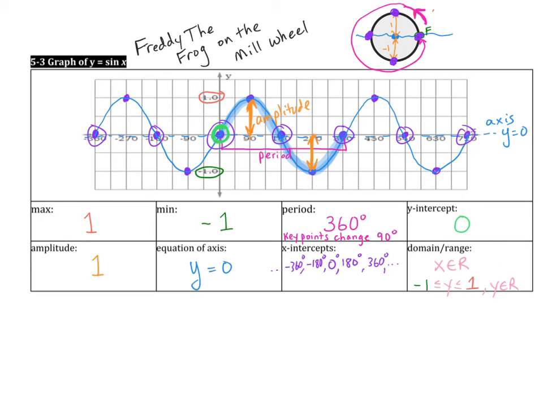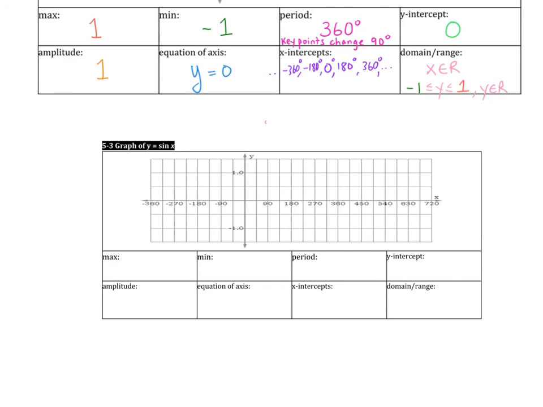So again, if you want to quickly draw the graph within that sort of 30 seconds, just remember, start at 0. Key points change every 90 degrees. So from the axis, 90 degrees you're at the max, 90 degrees you're at the axis, 90 degrees you're at the min, 90 degrees you're at the axis, and keep going.